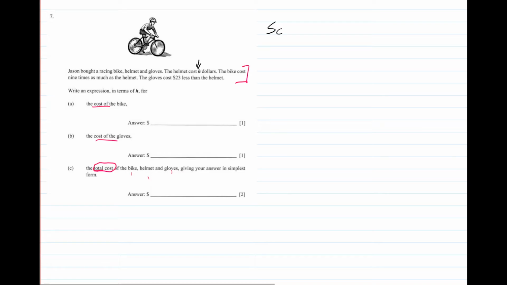In my scratch work, I'm going to say the helmet is just H. I got that straight from the question itself. The question tells me some more things too. It says the bike costs 9 times as much as the helmet. So that's 9 times as much as the helmet.